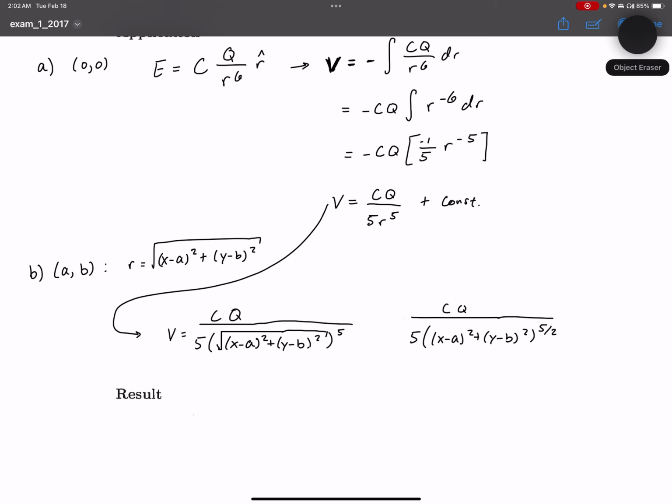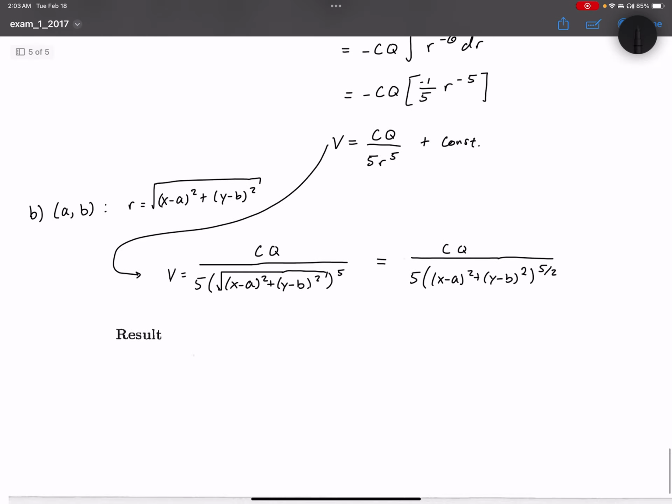And so you could integrate it again, but it's not necessary since we already found the electric potential function given a radius r. We just plugged in a value for the radius this time for part B. Okay, guys, so that is the answer to this last question. I write it all the way down. And then again, of course, don't forget the constant of integration.